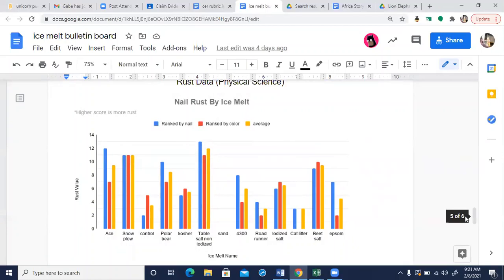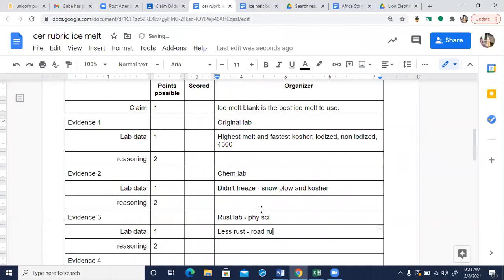We're not going to use Epsom salt because it doesn't melt the ice. So far, we have Roadrunner. What else we got? Roadrunner, we have Kosher and 4300. All right. Roadrunner.